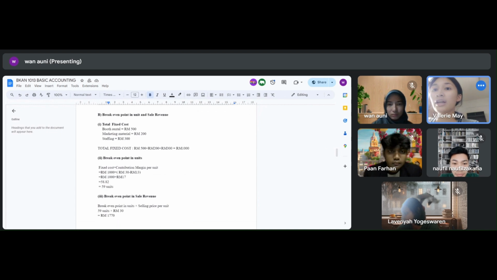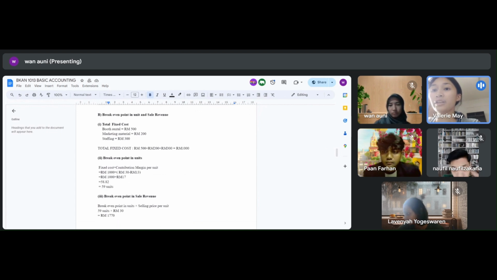Second, I would like to calculate the break-even point in units. I will take the fixed cost that I just calculated and divide it by the contribution margin per unit.